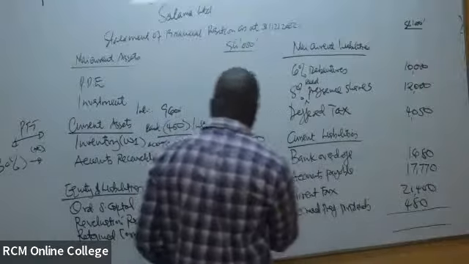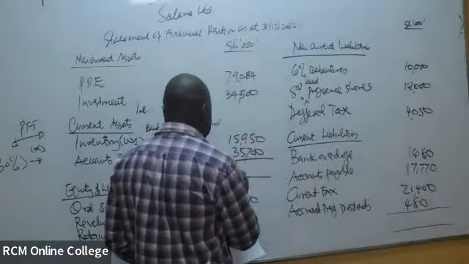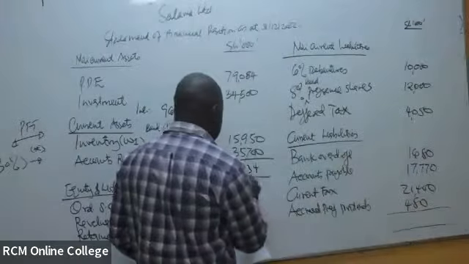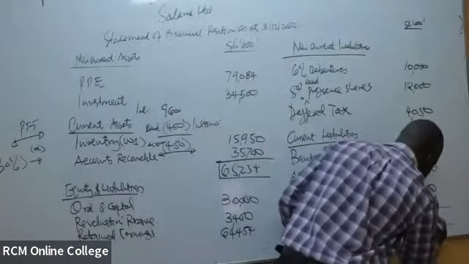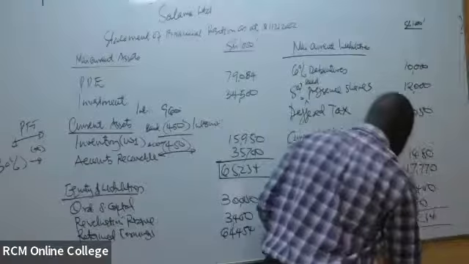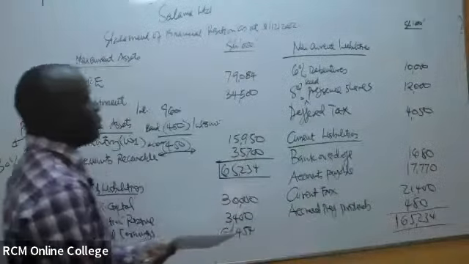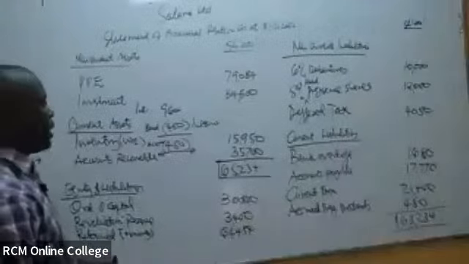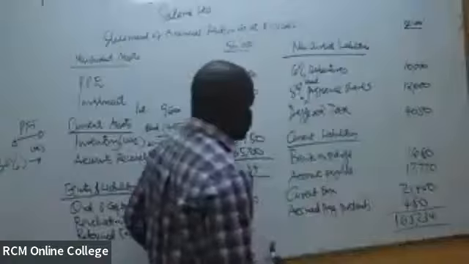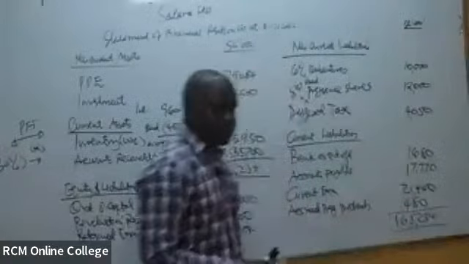So it should be, hope you're getting the same figure. It's 165,234. So that's how you could have been able to come up with the statement of financial position.